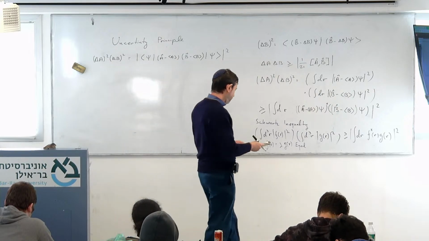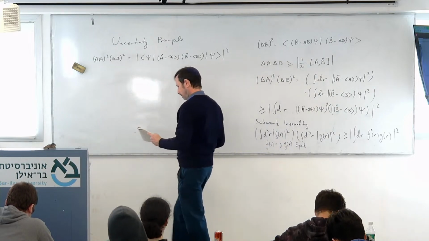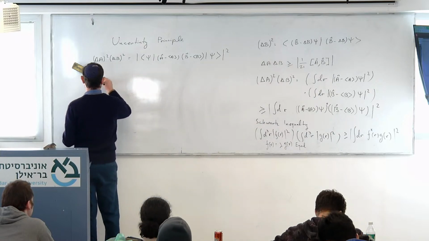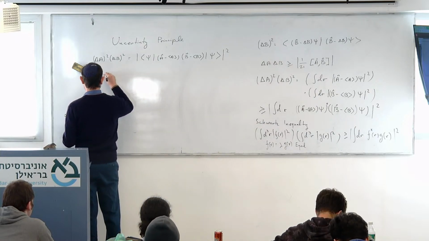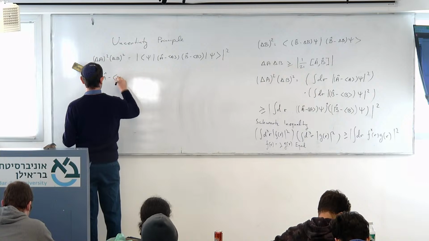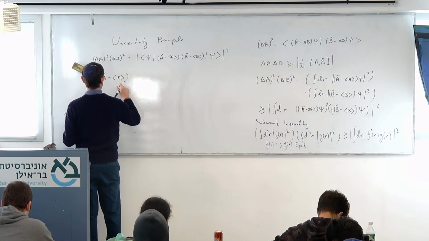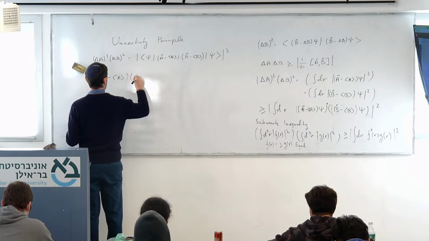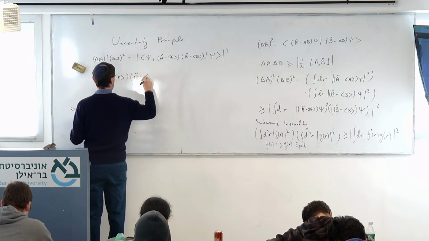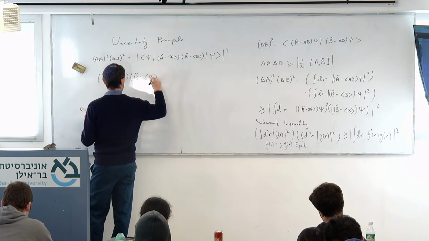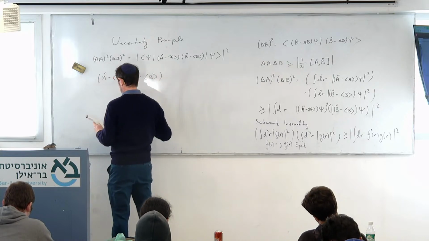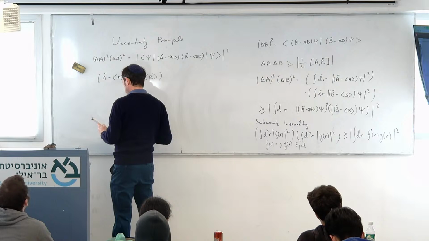Okay, so I have basically an operator A minus the observation value of A, times B minus the observation value of B. Let me massage it a bit.